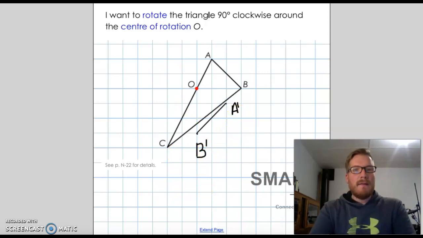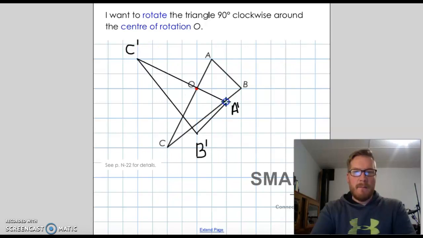Now, my C point is going to go over 2 to the right and then 4 to the origin, which means I'm going to go 4 to the left and then up 2. And this is going to become my C prime point. Then I can draw my lines from B prime to C prime, and then my other line from C prime to A prime.